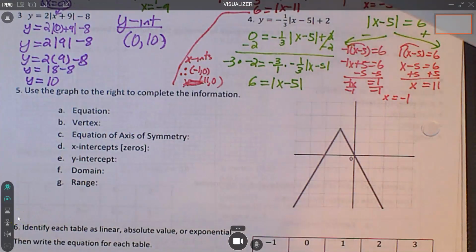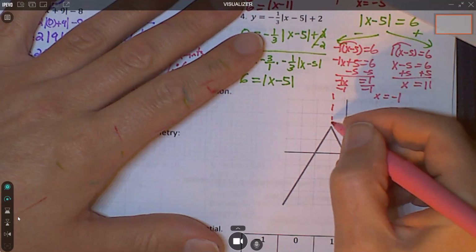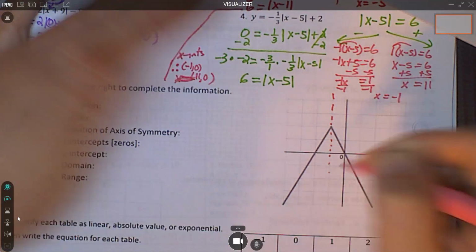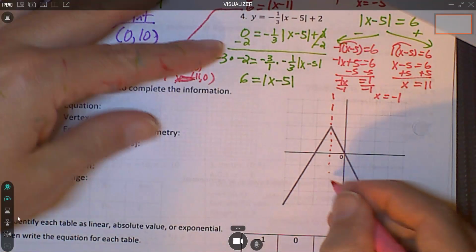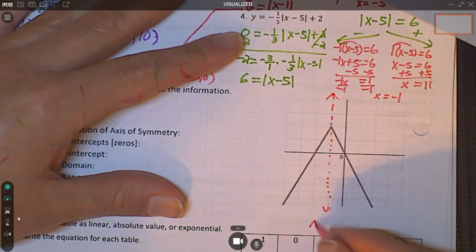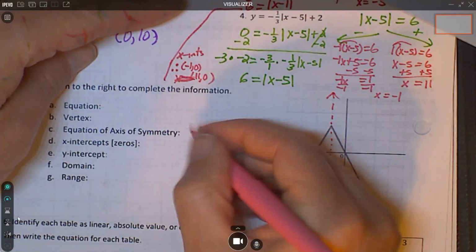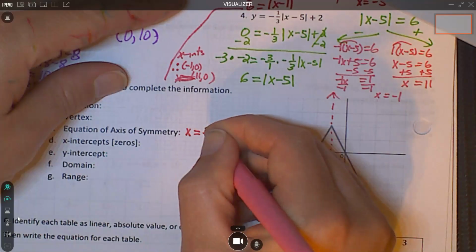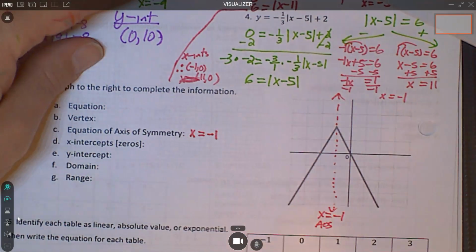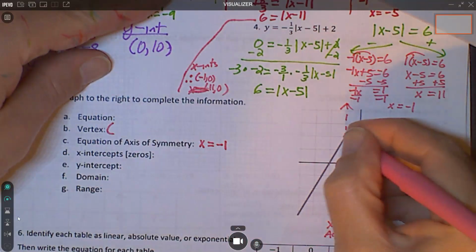Couple things. Use the graph to the right to complete the information. So this is the axis of symmetry. The vertex is here.